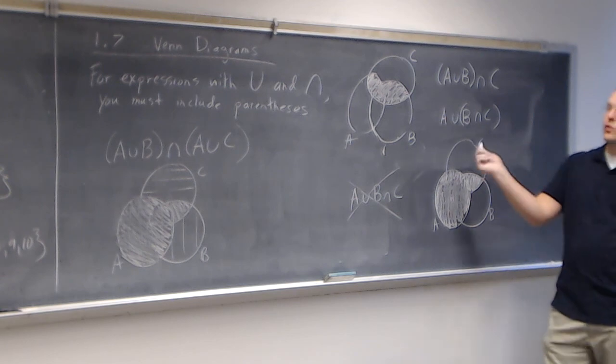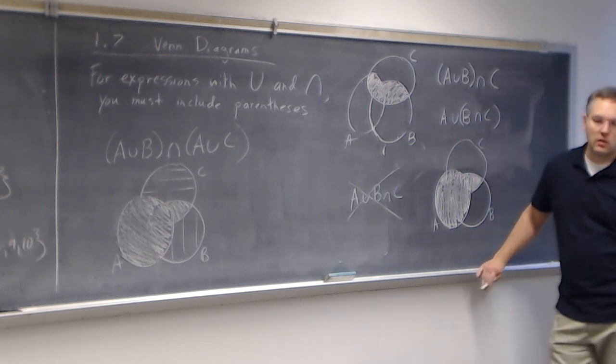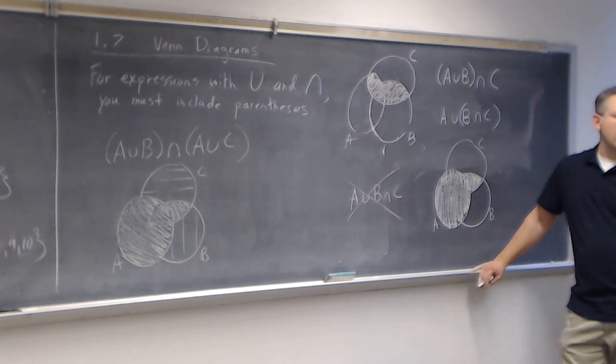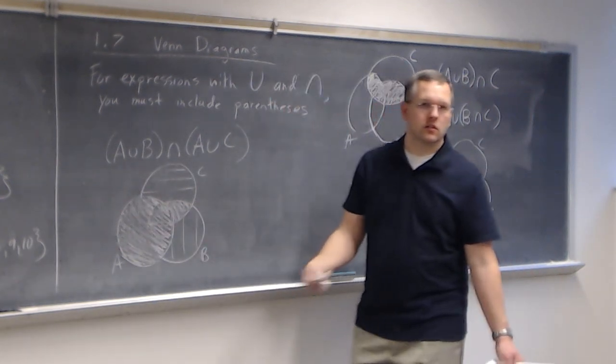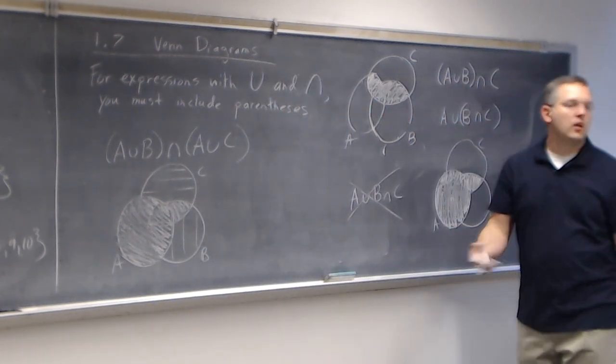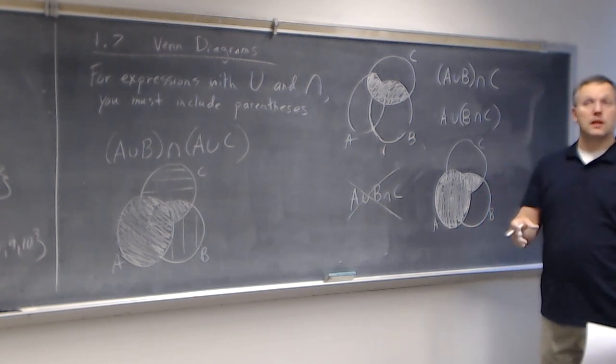How do you show that two sets are equivalent? Remember the definition of how you tell if two sets are equal? Two sets are equal if they have exactly the same elements.